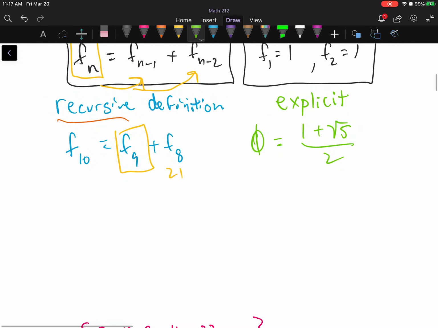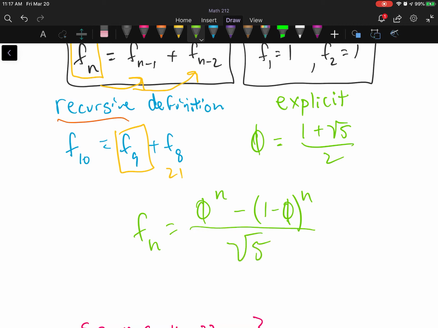This is something that we actually compute in Math 307 linear algebra, so you guys should look forward to that soon. We actually compute this explicit formula, but the explicit formula would go like f sub n equals phi to the nth power minus, well, really psi is 1 minus phi, to the nth power, all over the square root of 5.